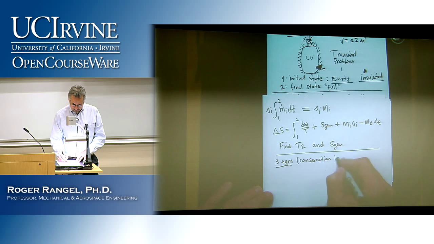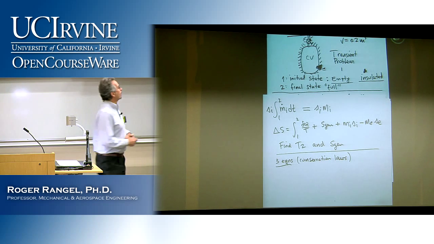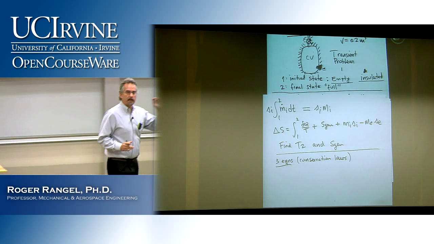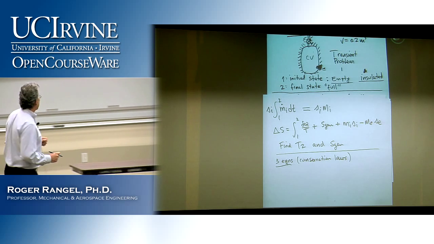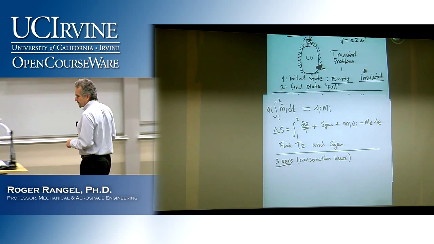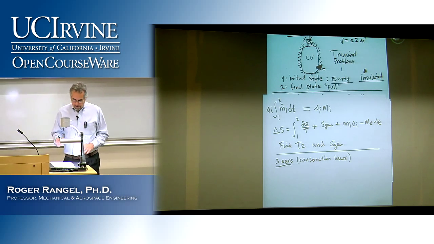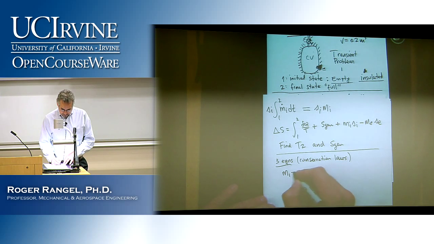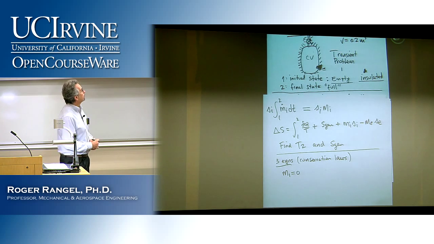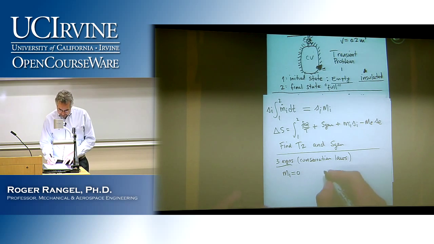We call them conservation laws in general. What's the first one, the simplest conservation law that you have to worry about? Mass conservation. So if I write mass conservation for this problem, what do I know? What is M1? 0 because it's empty, right? And what is M2?